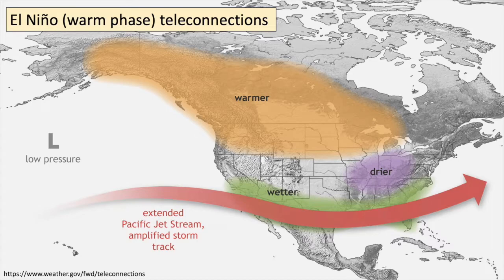Whereas in the Northwest, here in Oregon, Washington, much of the western and northern sector of the North American continent is a little warmer and maybe sees fewer storms, so a little drier as well. That's the effect of El Nino. By moving that tropical convection around, it shifts the jet stream.